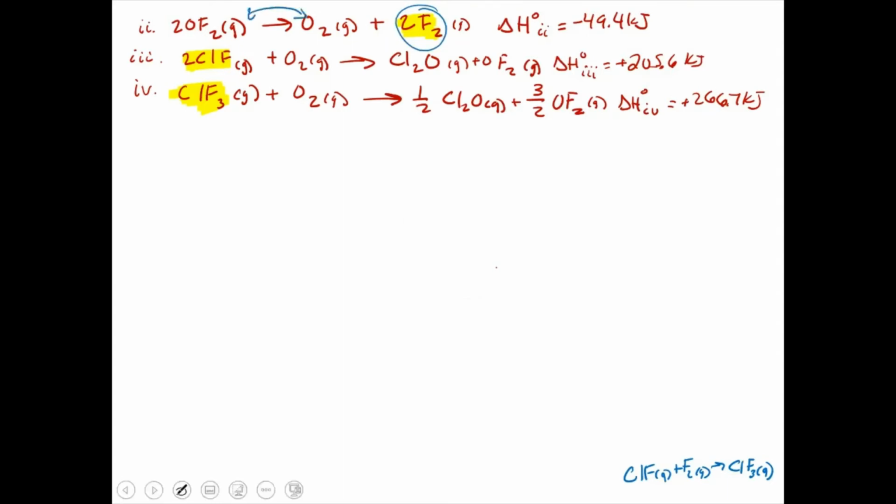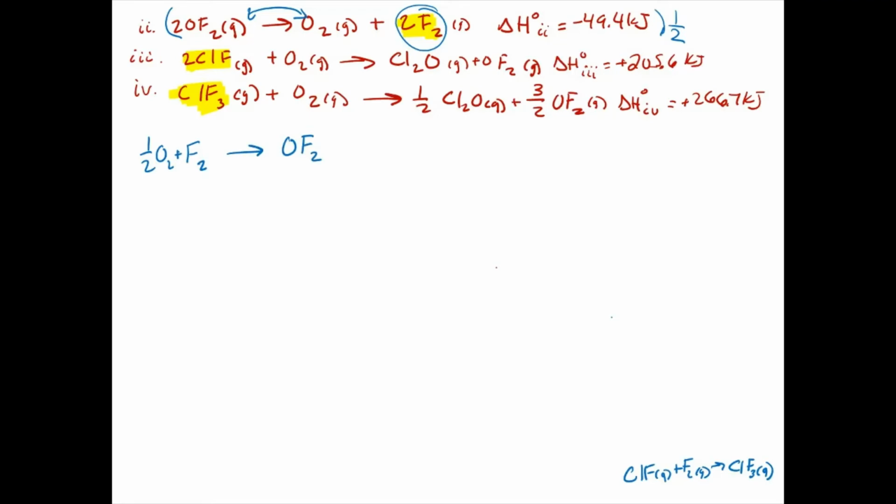So I need to flip this reaction, and it has a 2 fluorine, when in reality, I only need 1. So on top of that, I need to multiply it by 1/2. So now this reaction can be rewritten as 1/2 O2 plus F2 becomes OF2.